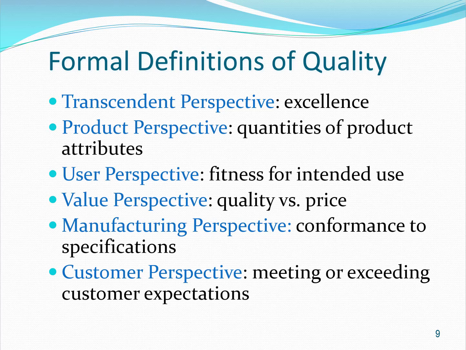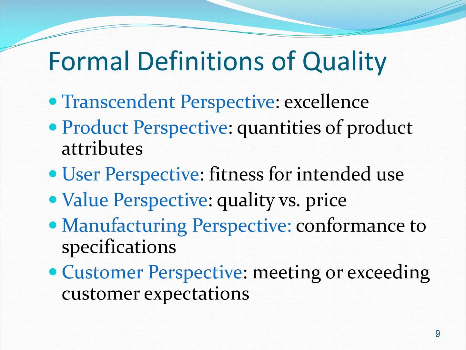The other one is the value perspective. It's that quality versus price. You may have heard the British say we're not rich enough to buy cheap products, and that's essentially what it means: generally the higher quality products are higher in price. The manufacturing perspective is that conformance to specifications.